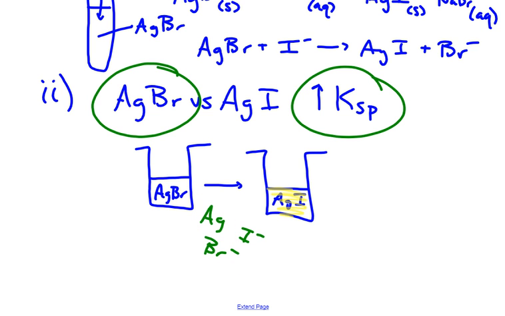So the fact that this was more insoluble makes a lot more sense seeing it that way. I got Ag no matter what. It let go of the Br and grabbed the I because it was less soluble. So that was actually just 1 point. All right, so that is that problem, and let's go on to the next one.